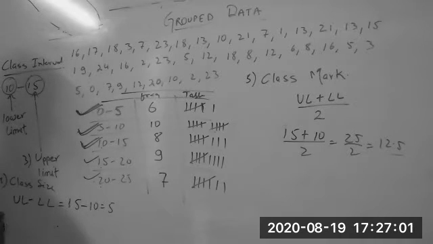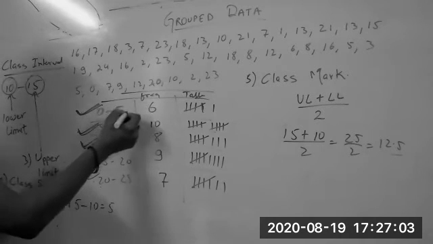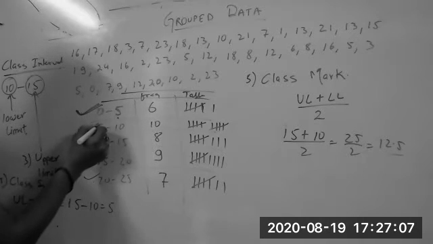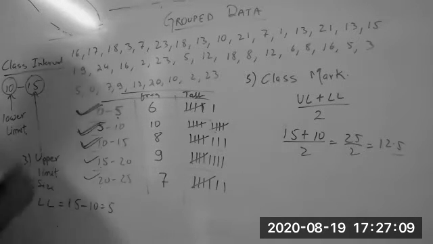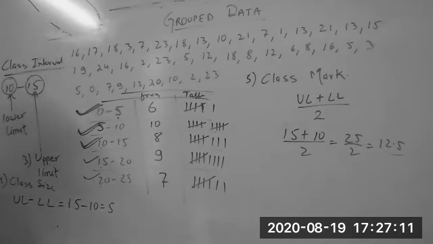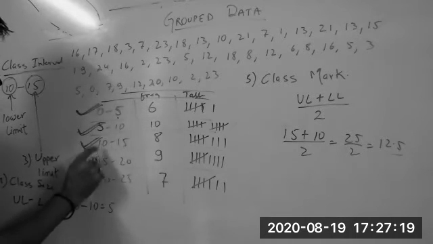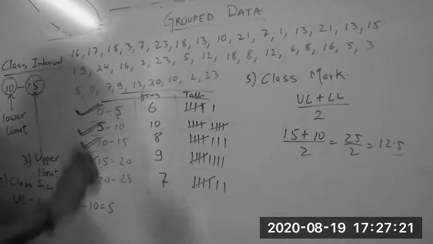Now the 5 should land here, not here. So this is known as exclusive. Exclusive means excluding this one. 5 will come here, 10 will come here, 15 will come here, 20 will come here.